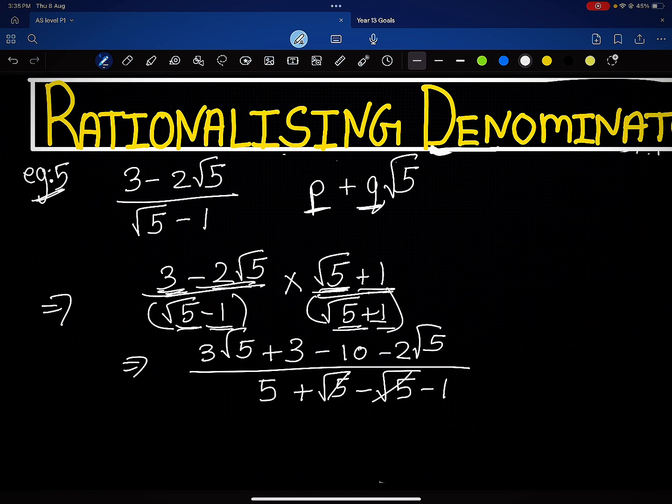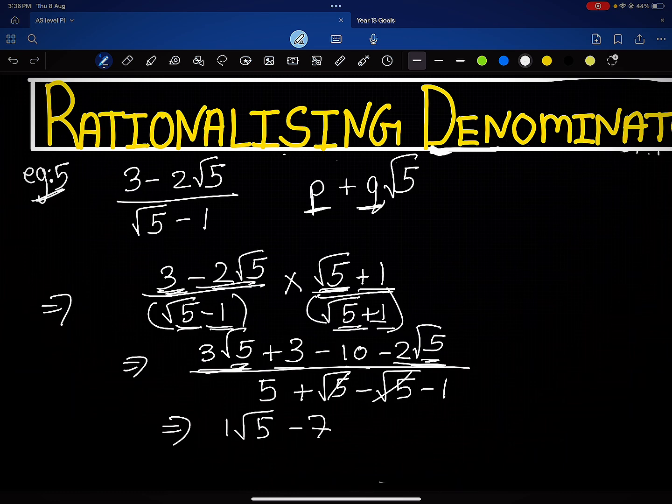Again solving the whole expression, if I look at this part again, they have the same root 5 thing at the top. So what I'll do is I'll just solve the integer parts, which is basically 3 root 5 minus 2 root 5. That is going to give me 1 root 5, or you can also write just root 5. And plus 3 minus 10 will give me minus 7, right?